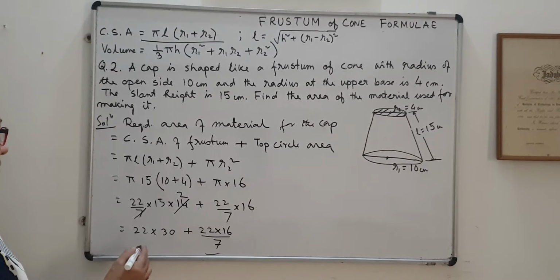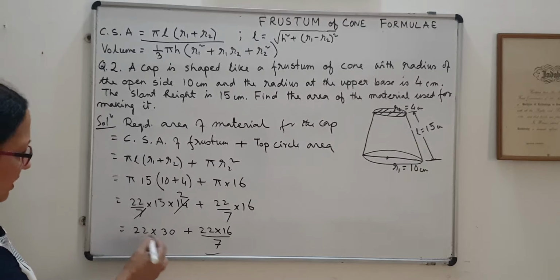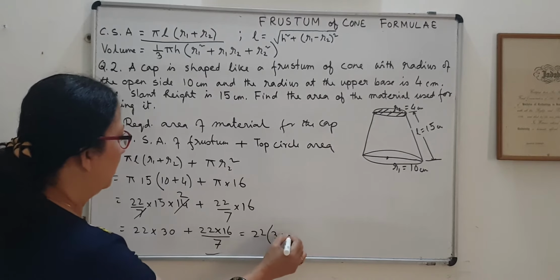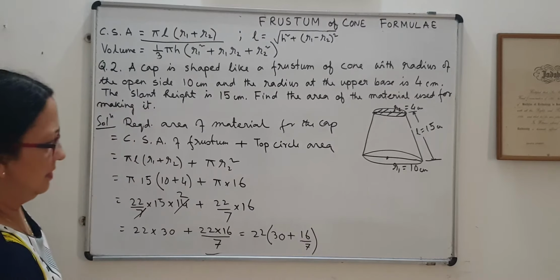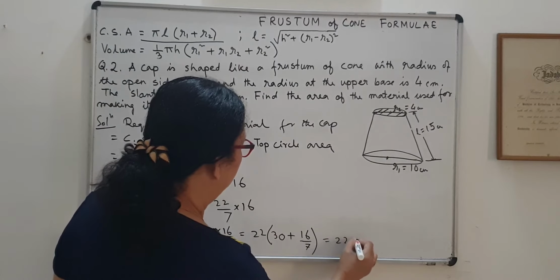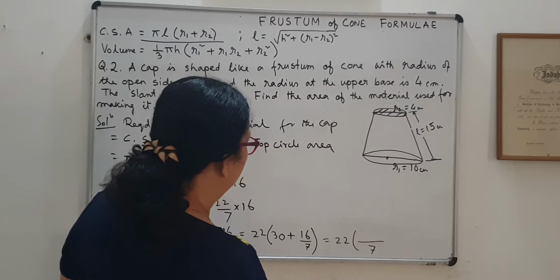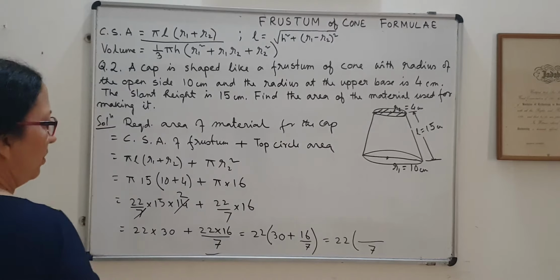Okay. So now what can I do? Either I have to do these calculations. If I take 22 common, let's see what happens. 22 common, then it is 30 plus 16 upon 7. Or I think instead of taking common, it will not help.